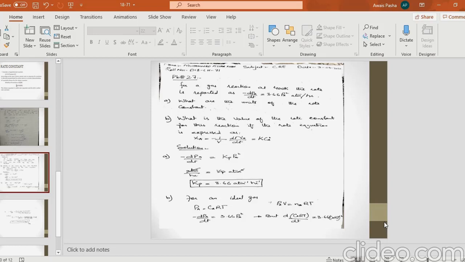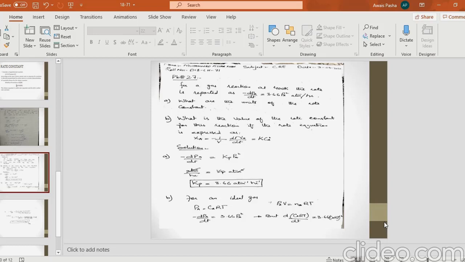When we compare the equation with this general equation, the unit of pressure is atmosphere and the time is hour, which is equal to Kp and the pressure square means atmosphere square. Atmosphere and atmosphere will cancel and the unit of Kp becomes atmosphere inverse, hour inverse.